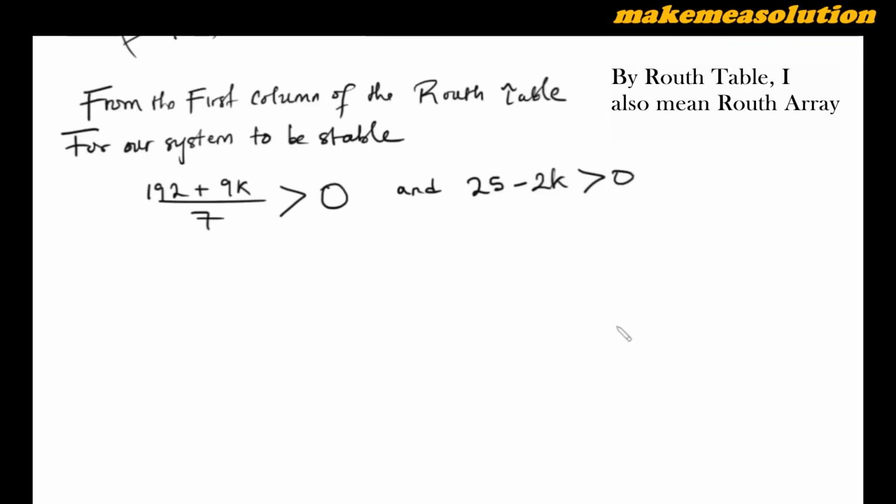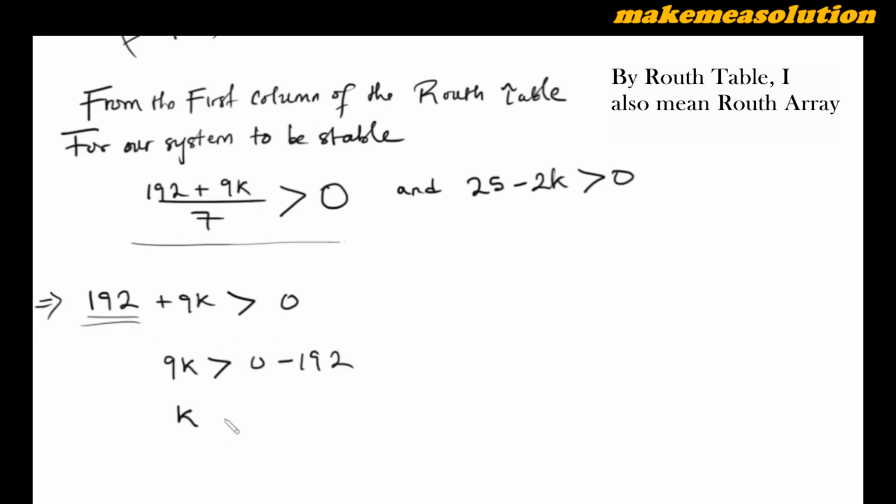So if we solve the two inequalities, starting with this one, we get 192 plus 9k is greater than 0 times 7, which is still 0. So I'll now have 9k is greater than 0 minus 192. In other words, k is greater than negative 192 over 9.